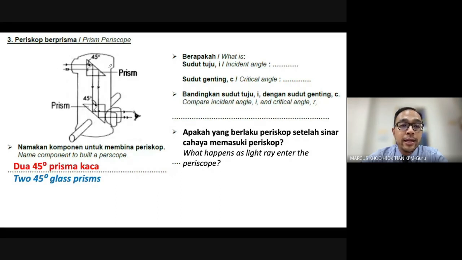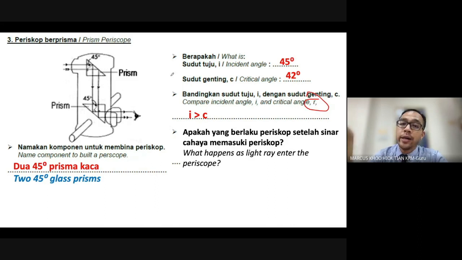So what is the incident angle? The incident angle is 45. And generally, the critical angle of glass is 42 degrees. So when you compare the incident angle and the critical angle, sorry, this should be C, not R. 45 is bigger than 42. So the incident angle is bigger than the critical angle.